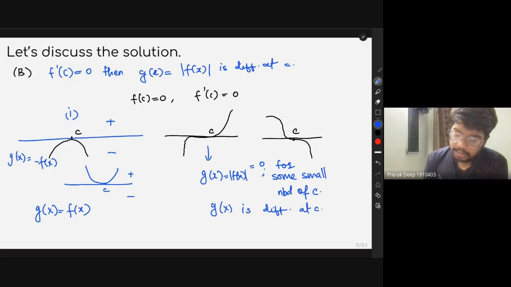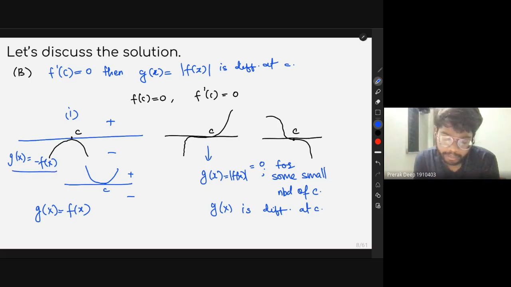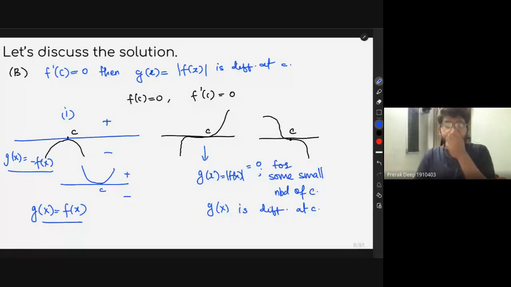And now in the first case, g(x) will be equal to minus f(x). In the second case, it will be f(x). So in both of the cases, it will be differentiable at C, because f is differentiable at C, given to us. So I have given what is being asked.